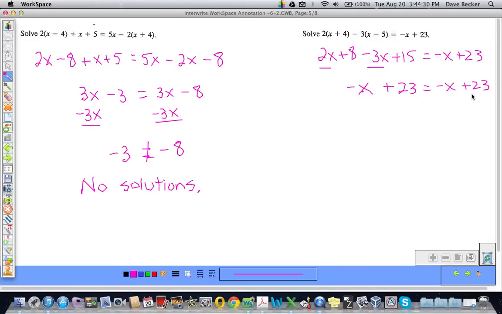Negative 10 plus 23 is 13. So in those cases, I would have gotten 22 equals 22 and 13 equals 13. If I have the exact same thing on both sides of an equation, that means there are an infinite number of solutions, because I could replace x with anything and have a true statement.